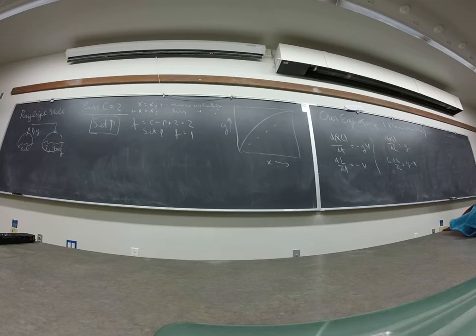So here we are. We now have a problem where we can do something. So we have dx over y minus x equals dL over L. We integrate this and we find that log L over L0 equals the integral from x0 to x of dx over y minus x.